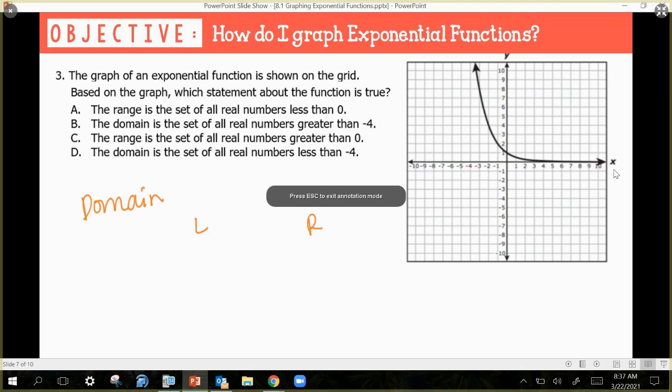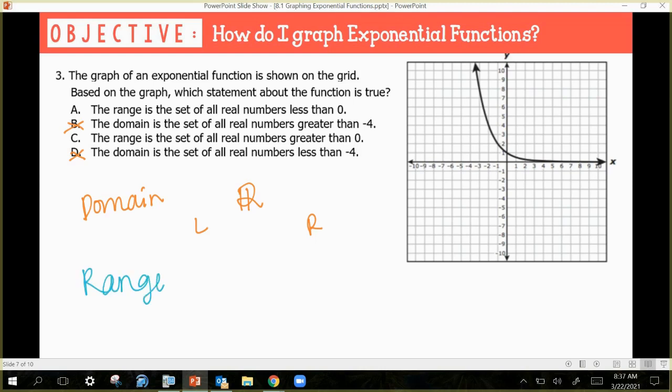So just like the ones on the front of my page, the domain is all real numbers. So I can cross off B and D because they say the domain is all real numbers greater than -4 or less than -4.